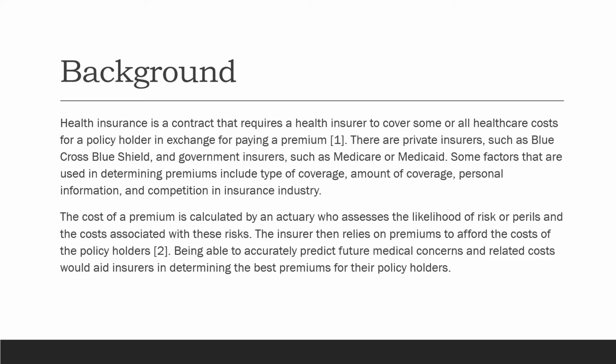The cost of a premium is calculated by an actuary who assesses the likelihood of risk or perils and the costs associated with these risks. The insurer then relies on premiums to afford the costs of the policyholders. Being able to accurately predict future medical concerns and related costs would aid insurers in determining the best premiums for their policyholders.